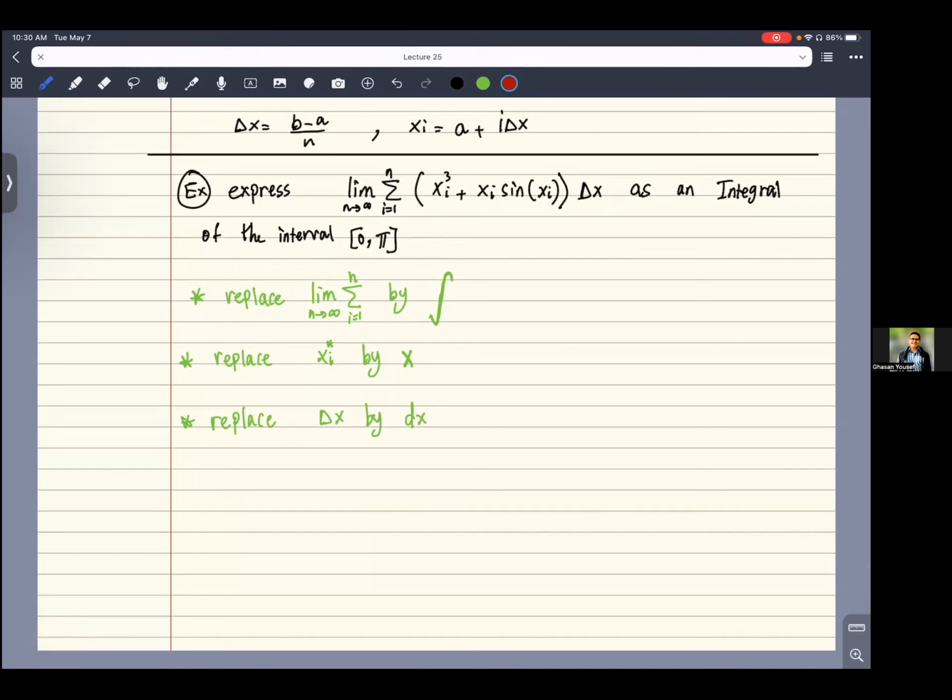So what's the integral now? What is the integral? I need some participants. Who can solve this question?